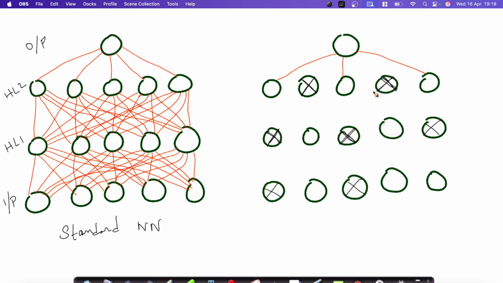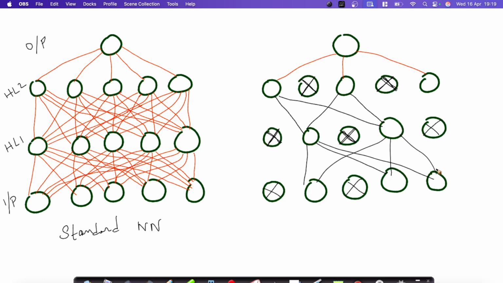So in each iteration, a random number of neurons will be dropped off. That is why the concept is called dropout. Now what will happen? As a result, these connections will decrease, right? Here we'll have these two connections, here we'll have these two connections, here we'll have this connection and this one, and from here we'll have this, this.